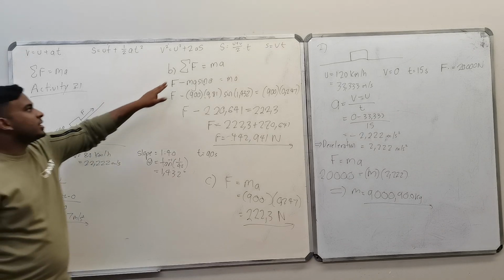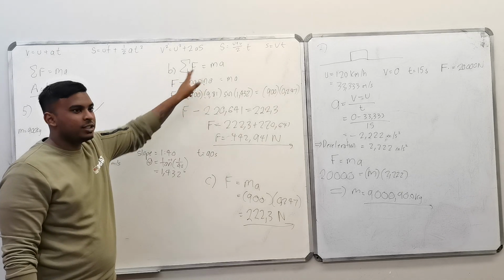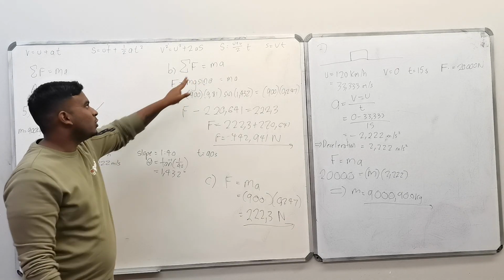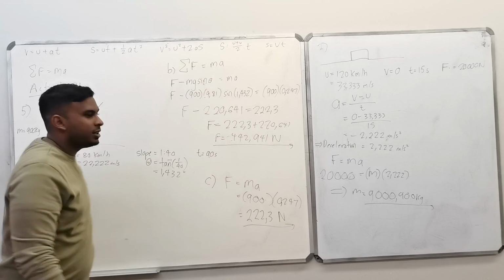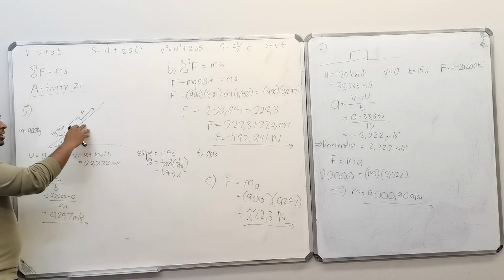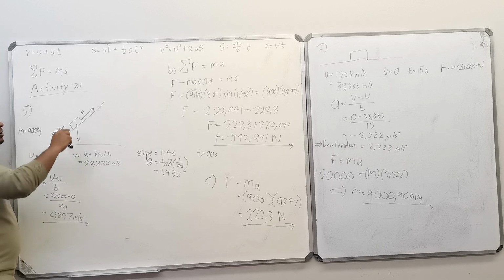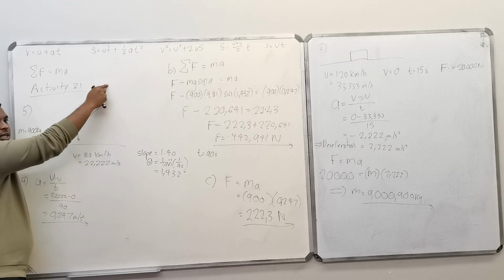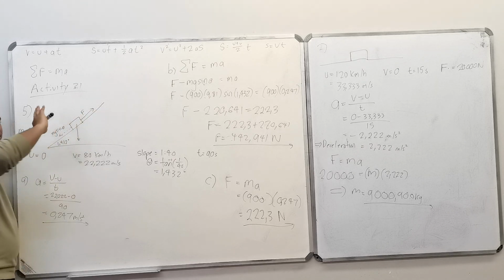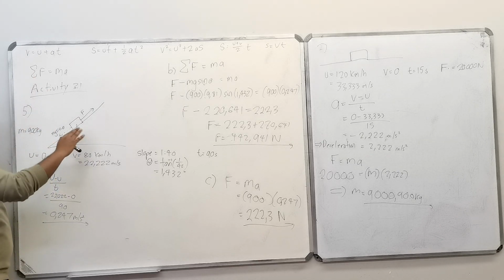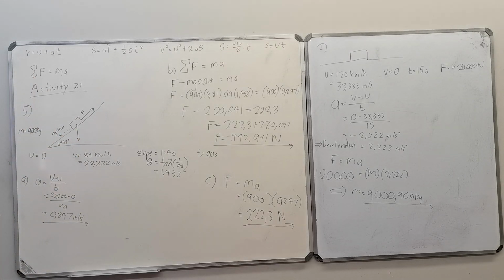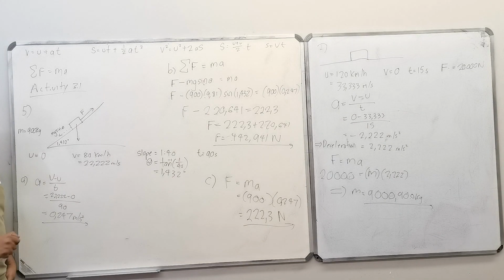So remember with Newton's second law, it's the sum of the forces that act on the object equal to mass times acceleration. The object is on an incline. There's a force applied that's obviously moving it up the incline. Regardless of circumstances on the incline, whether there's friction or no friction, gravity will always be pulling this down. So gravity will act in your negative direction. The force applied will be your positive direction.